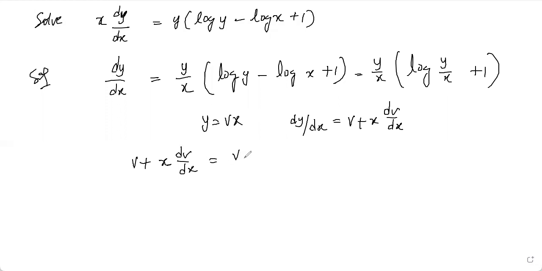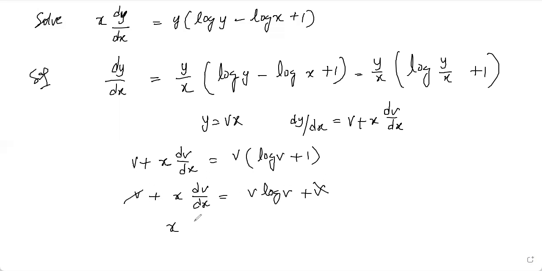So this is v plus x dv by dx, which is equal to v into log v plus v. If you just multiply this, v and v get cancelled, so I get x dv by dx is equal to v log v.